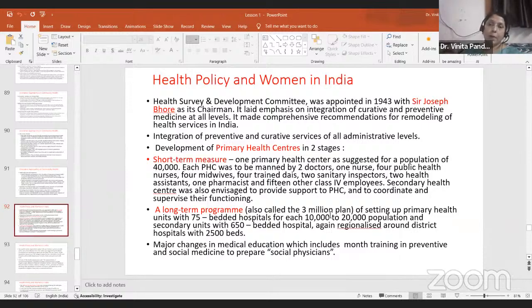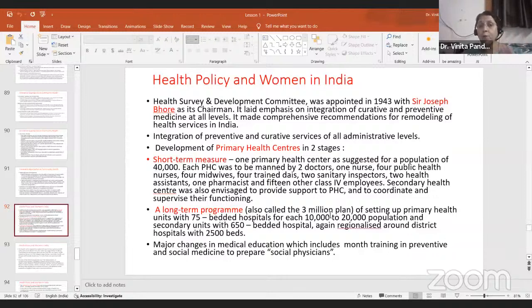Now, beyond this individual and family, government also has a very important role to play. Why is government intervention very important? Because health as an indicator is a very critical component of development. In fact, under the Human Development Index, very important factors like infant mortality and maternal mortality.